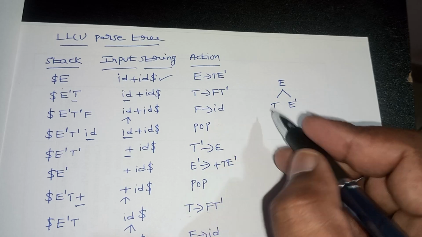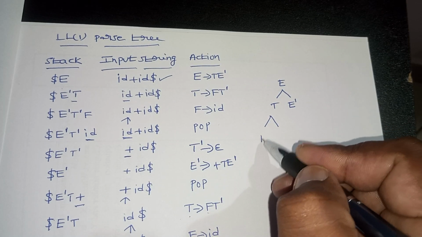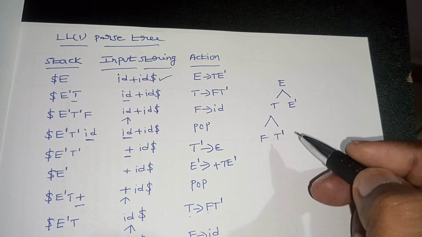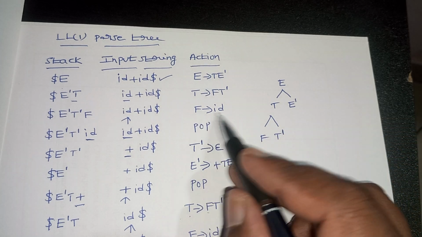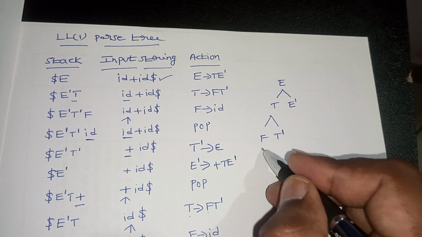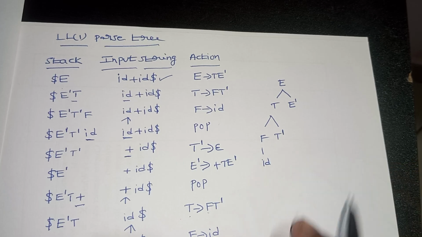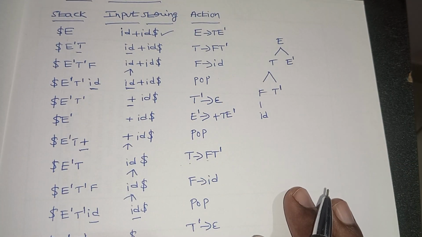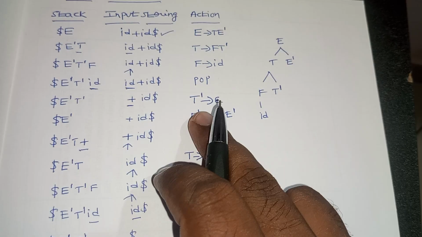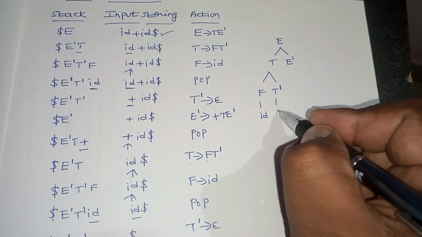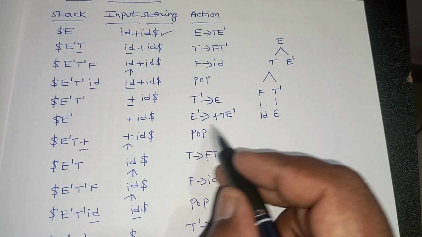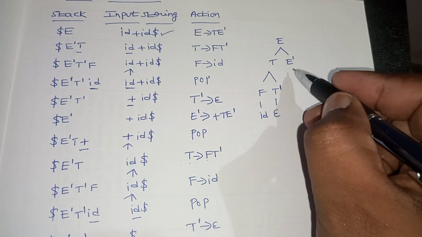You write f t dash. In the place of f, you write id. In the place of t dash you write epsilon. In the place of e dash, what do you write? Plus t e dash.